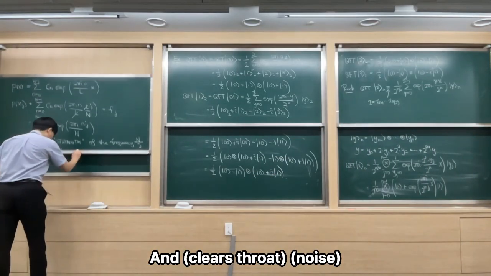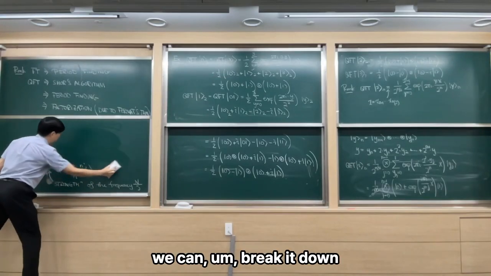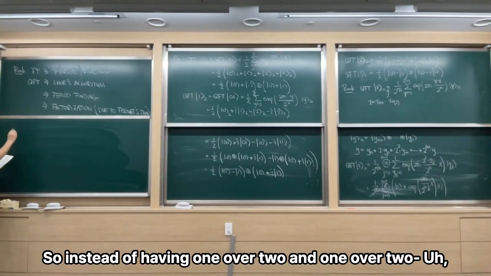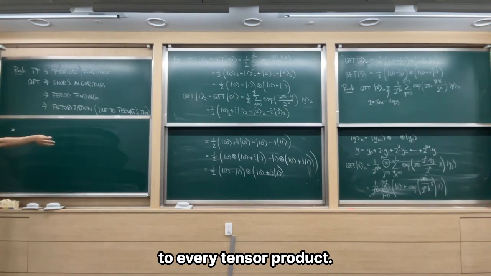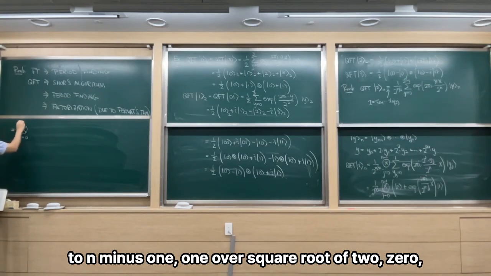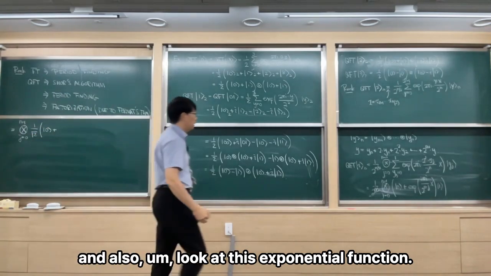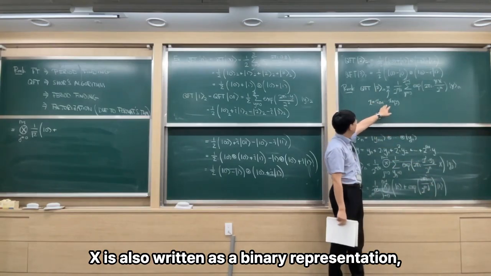And we can break it down a little bit further here. So instead of having 1 over 2^{n/2} on the outside, let's distribute 1 over square root of 2 to every tensor product. So it's going to be the tensor product over j from 0 to n minus 1 of 1 over square root of 2, 0. And also, look at this exponential function. x is also written as a binary representation.